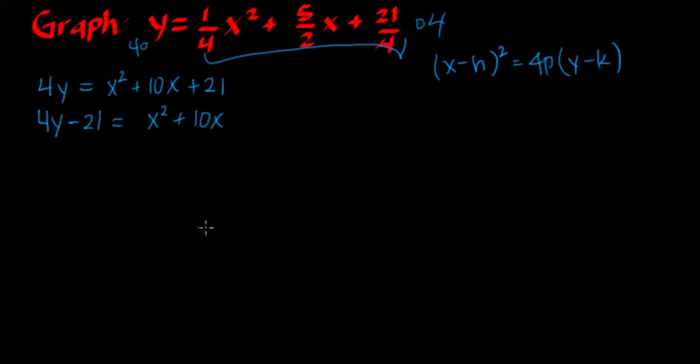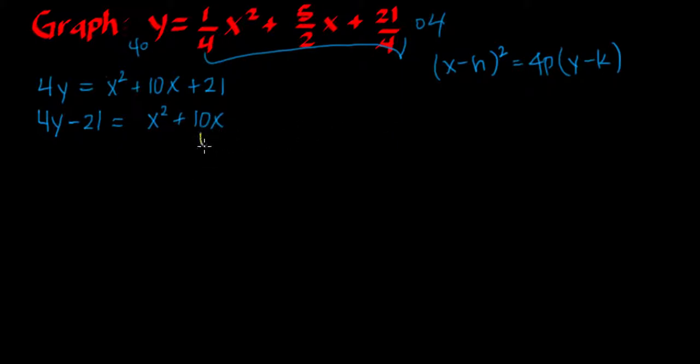So what I want to do is complete the square. I have to think to myself, what two numbers am I adding together to get 10? Well, 7 and 3 did it. The problem is 7 and 3, when multiplied, don't give me a perfect square. The only way I can get a perfect square is if I'm multiplying a number by itself. So when I think about 10, I shouldn't be thinking about two different numbers, but in fact two numbers that are exactly the same, 5 and 5.